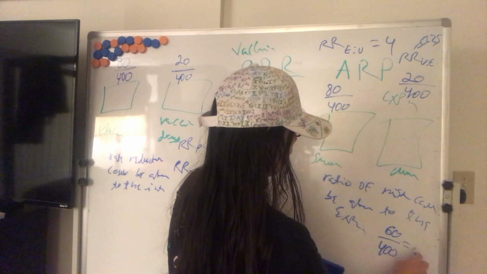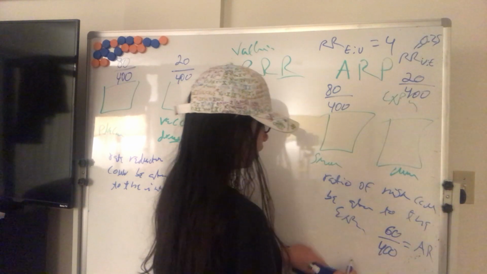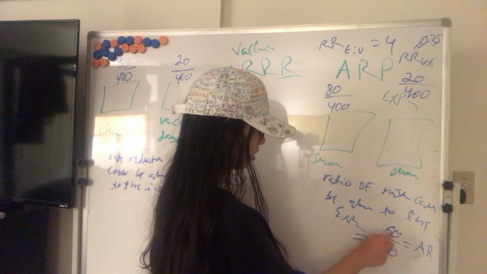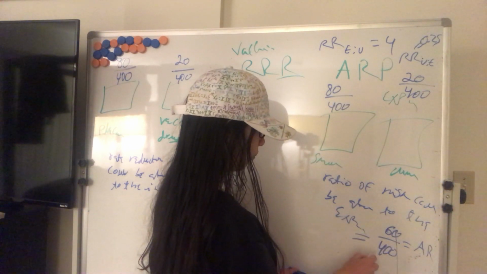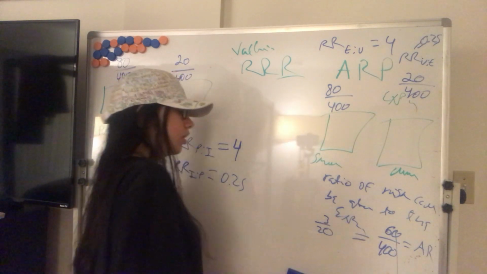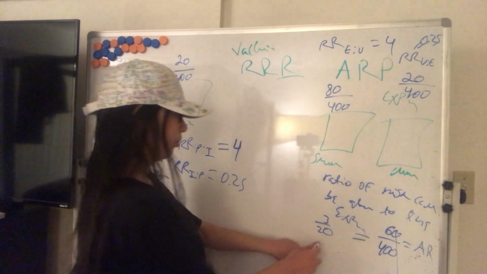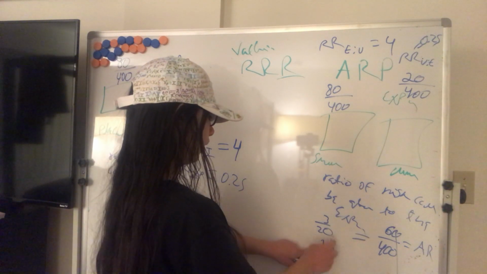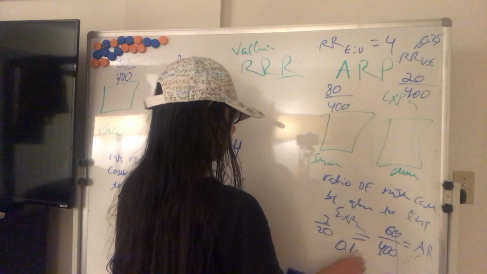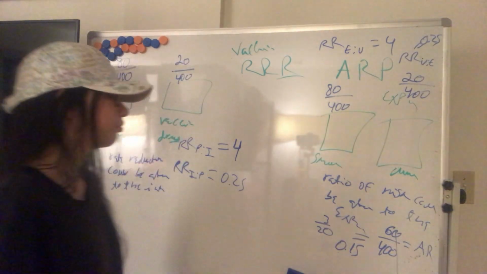This is the attributable risk. This is the same as 6 out of 40, 3 out of 20. 3 over 2 is 1.5, over 10 is 0.15. So 0.15 is the attributable risk.